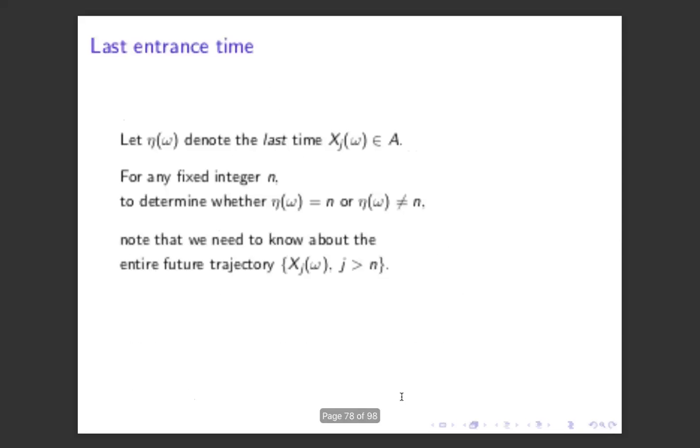Now we will look at something which I might have mentioned earlier, something which is not a stopping time. So this is not to be considered an example, maybe a counterexample.